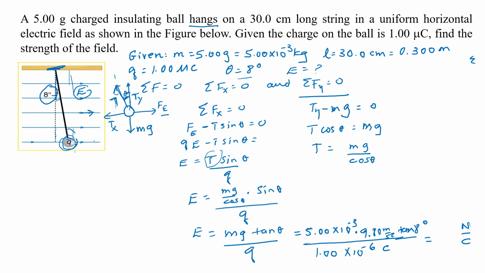And that's equal to 6.89 times 10 to the power of 3 newton per coulomb.